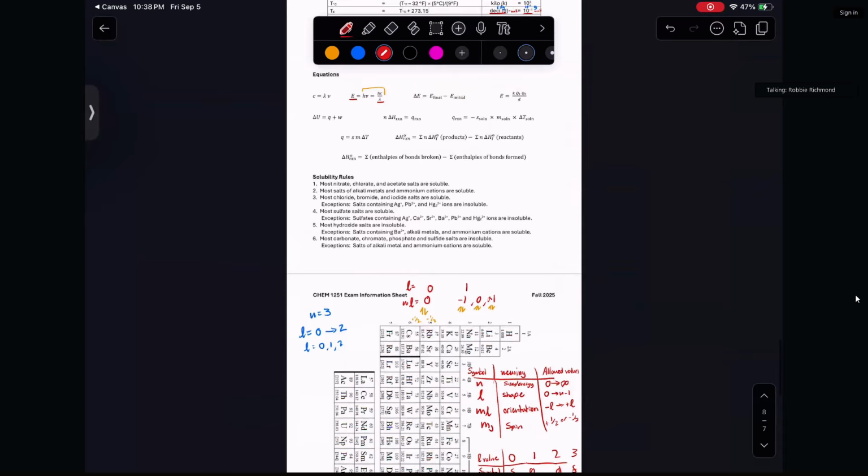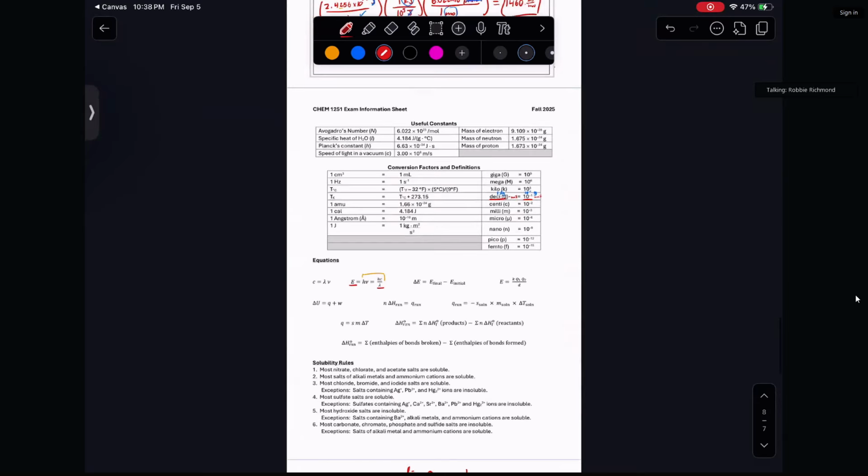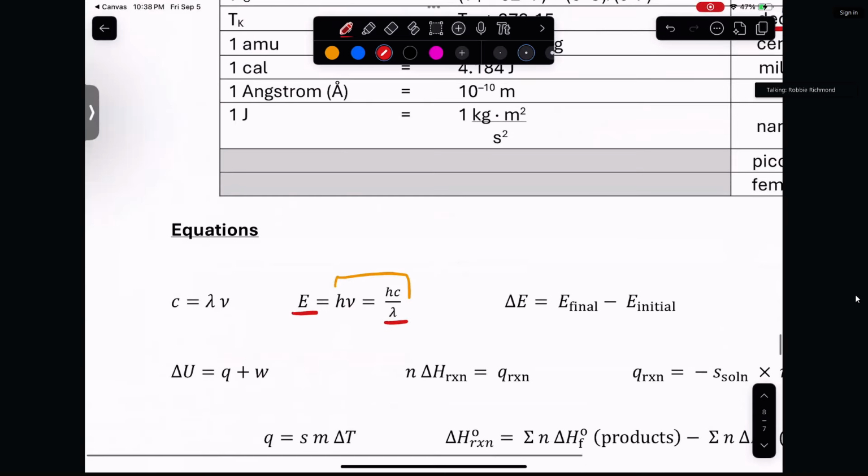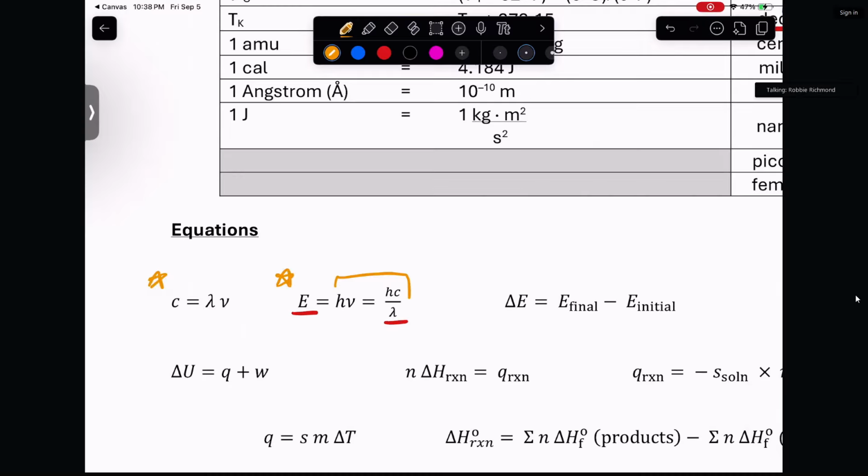Sorry, you can use another, these two relationships. This one and this relationship can both work for this. I was just about to say you can divide by Planck's constant to find frequency, but you can also rearrange this to find frequency, so it would be c divided by lambda equals frequency.